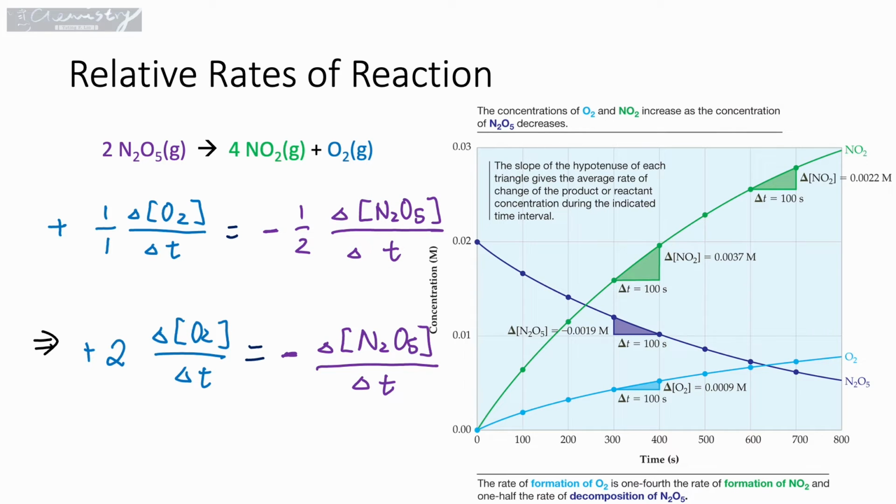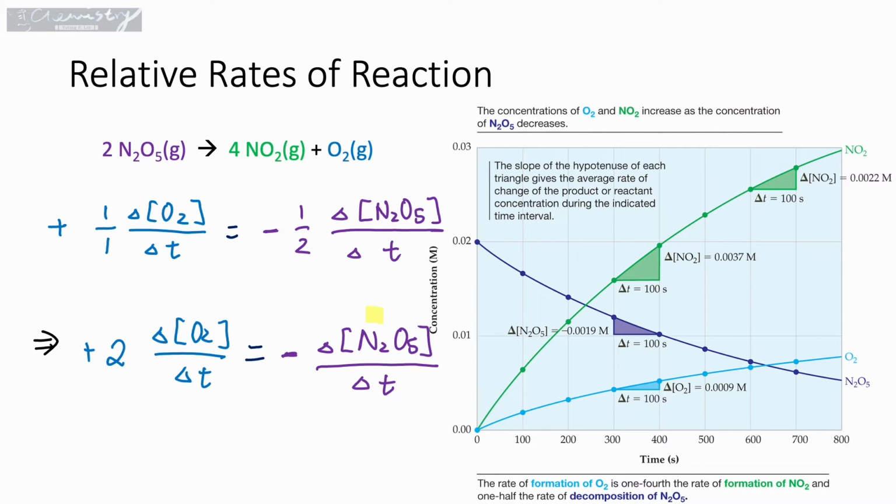And the physical meaning is that the N2O5 is decomposing twice as fast as the O2. So we need to multiply the rate of O2 by 2 in order to make them the same. So let me write that down.